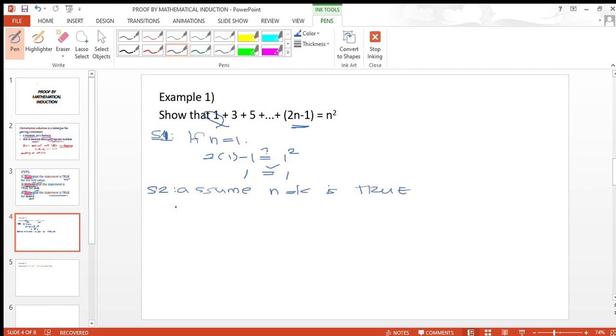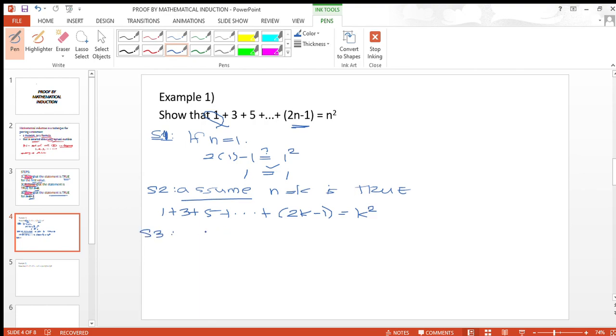If n is equal to k is true, then we have 1 plus 3 plus 5 plus dot dot dot, we change n by k, so 2k minus 1 is equal to k squared. So again, in step 2, we will not solve anything. We will assume that the statement is true.